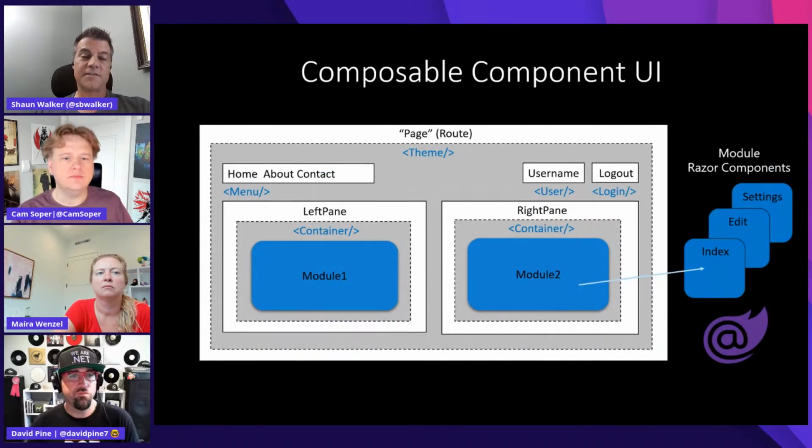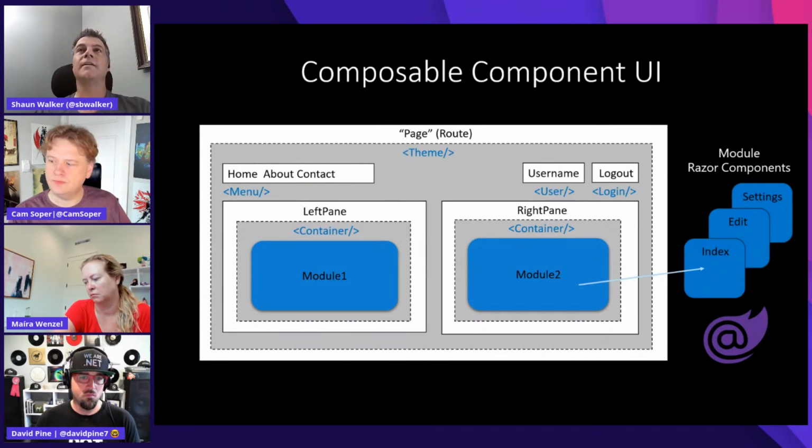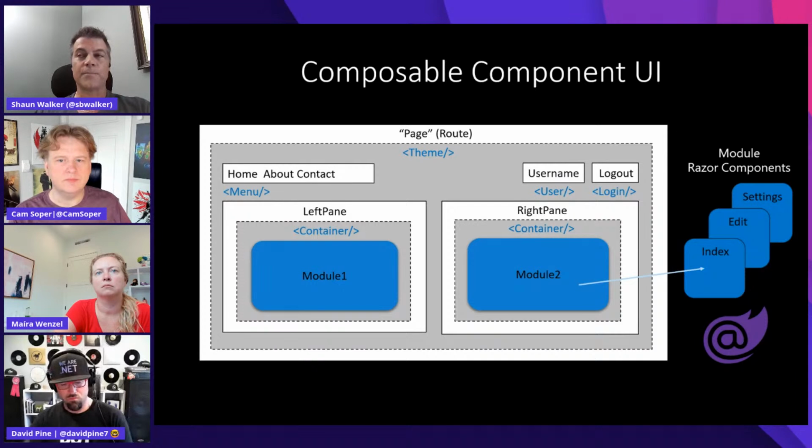On the UI side, and this is where we're going to talk in a minute about why Oqtane has multiple personalities, it has a composable component UI, which means that it's actually not static. The applications you're building are composed at runtime from many different components.